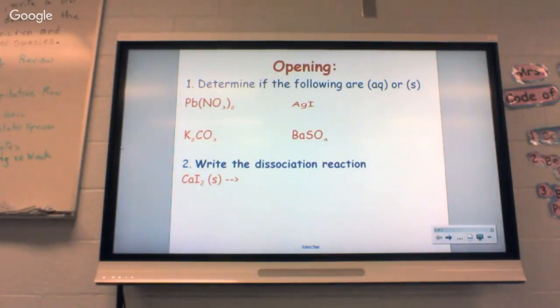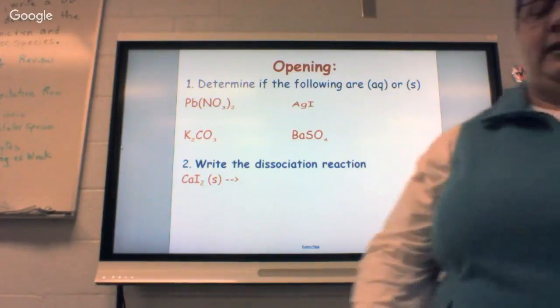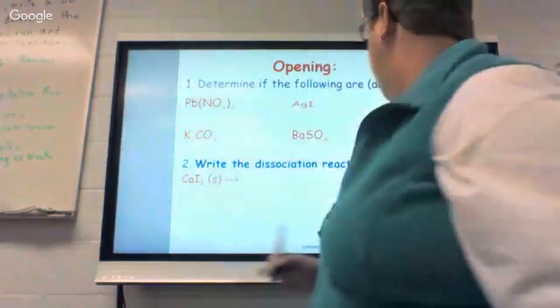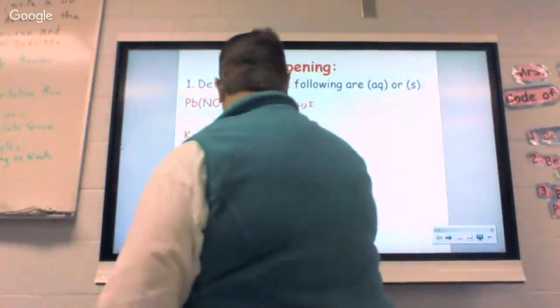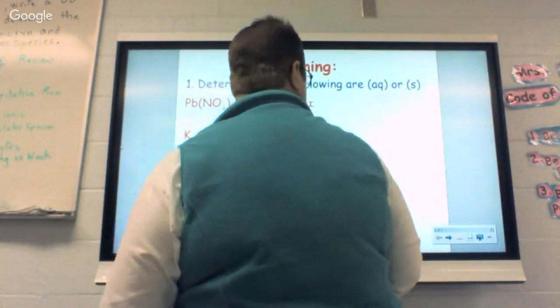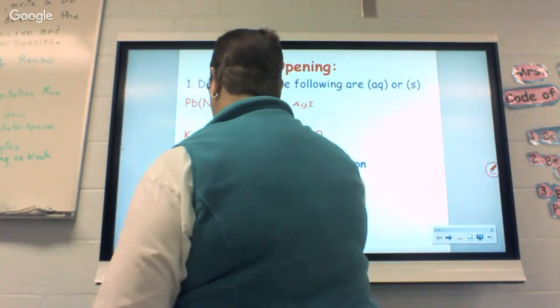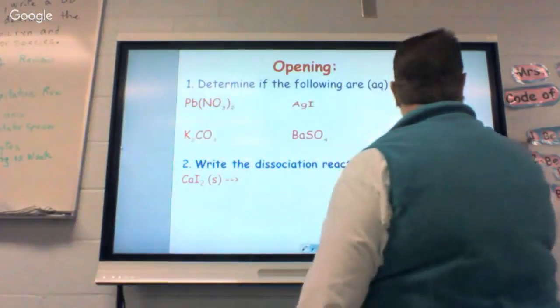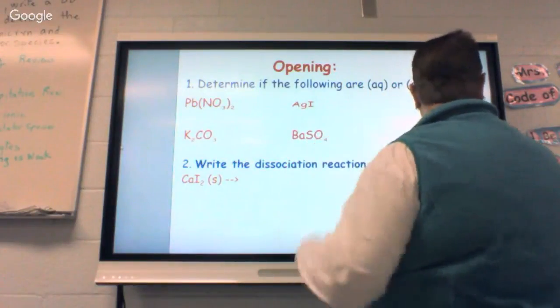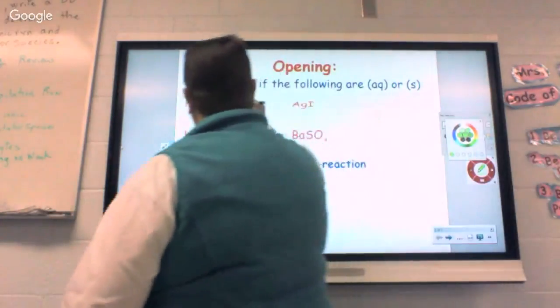Anion. It would be anion. Okay? First one's called the cation. So when you look at this, we're not looking at the Pb, we're looking at the NO3. All right, so we look at this NO3.